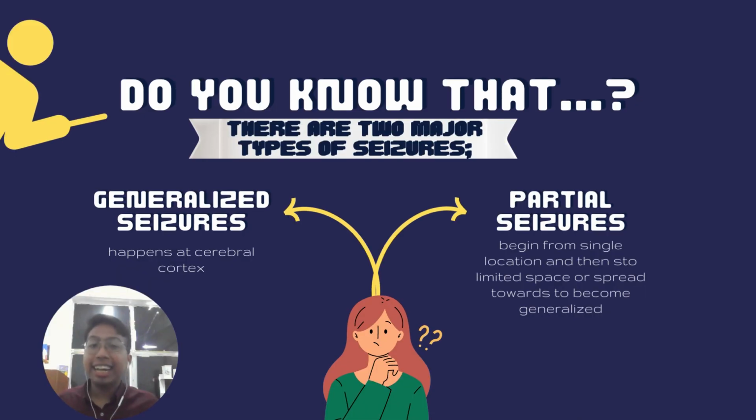So, do you know that there are two major types of seizures, which are generalized seizures and partial seizures? So, generalized seizures happen at cerebral cortex in the brain, while partial seizures begin from a single location and then towards limited space or spread towards to become generalized, which means that it can happen at one single place, let's say in a muscle, but then it can spread towards the hand, the overall muscles in the hand or overall body to become like generalized seizures, which is overall.